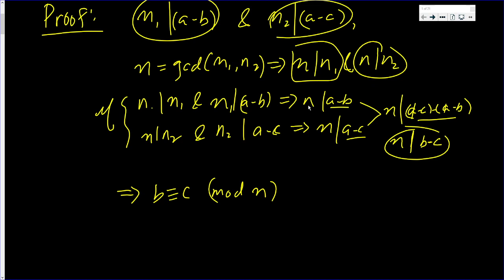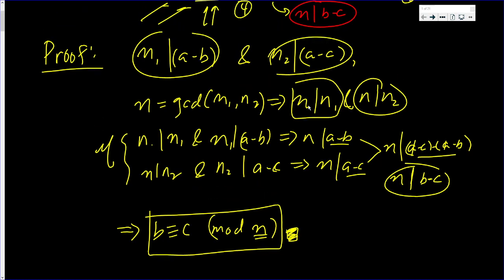Proof has an error in it. This completes the proof because given the givens, I was able to prove that in fact B is congruent to C modulo N, where N was the GCD of N1 and N2.